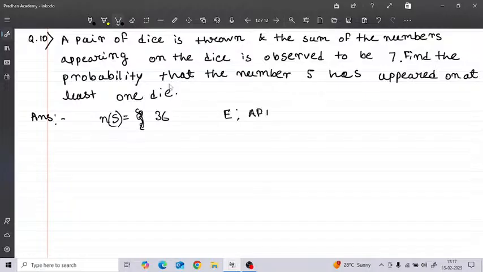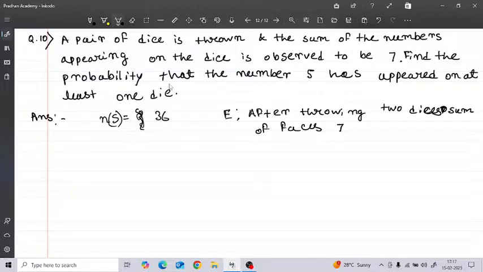And what is my event? After throwing the dice, the sum of the faces is 7.